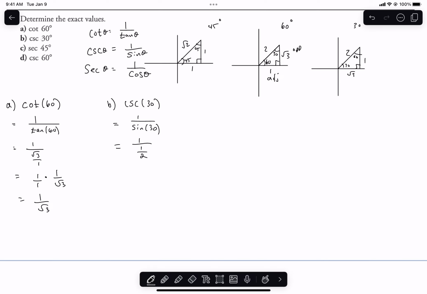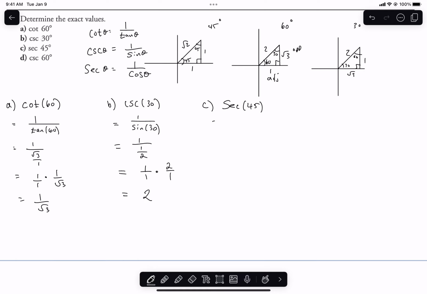We know that when I take 1 and divide it by a half, it should be 2, but just to reciprocate it, we get 2.